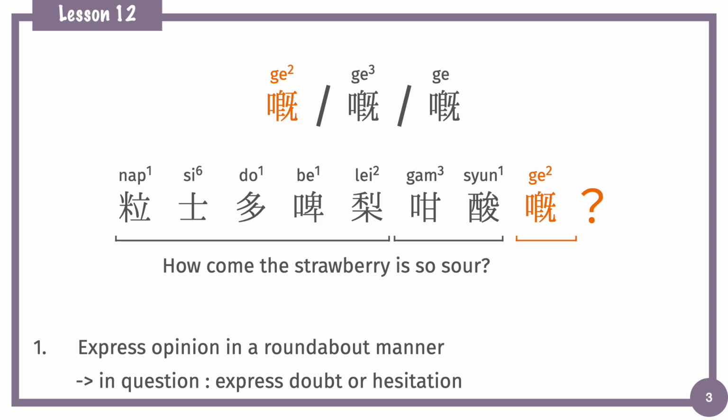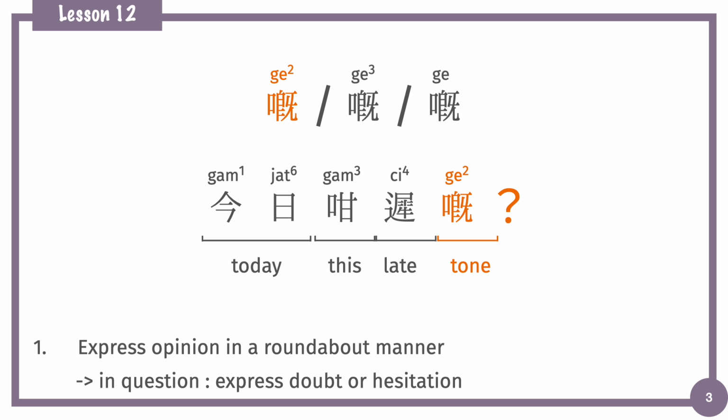And one more example, 今日咁遲嘅. 今日 is today, and 咁遲 means this late. It is talking about some negative opinion, so 嘅 will become a question expressing criticism. 今日咁遲嘅 means why are you this late today?